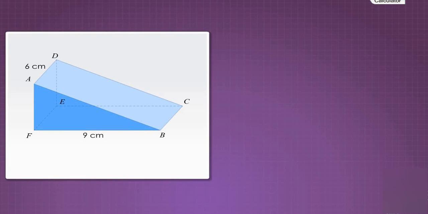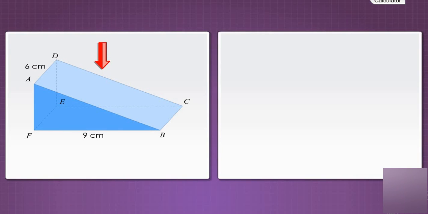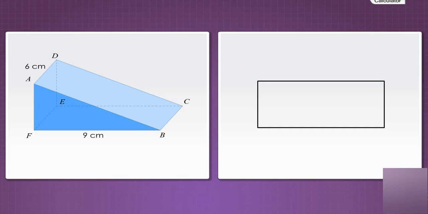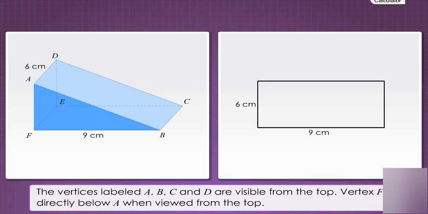What about this prism? Can you draw the plan of this prism and label its edges correctly? Let's see how the prism looks like when viewed from the top. It is a rectangle with width 6 centimeters and length 9 centimeters. The vertices labeled A, B, C, and D are visible from the top.